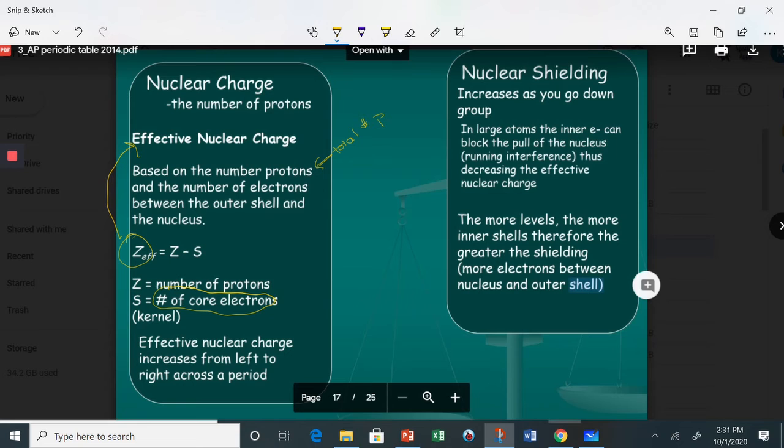Okay? So your Z effective goes up as you go to the right, and that Z effective pulls in the electrons.